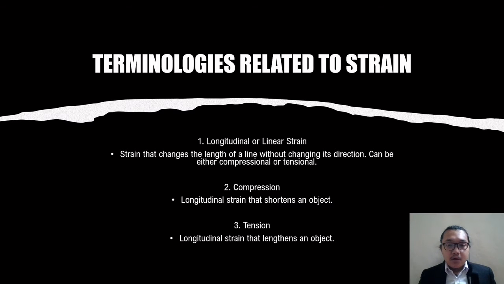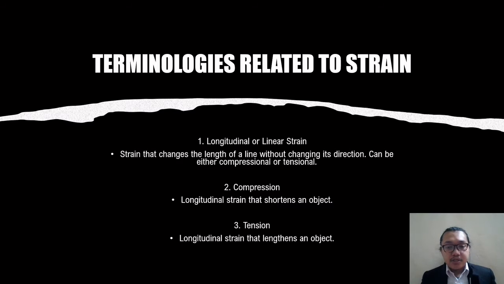First, longitudinal or linear strain. The description is strain that changes the length of a line without changing its direction, can be either compressional or tensional. Second one is compression, longitudinal strain that shortens an object.